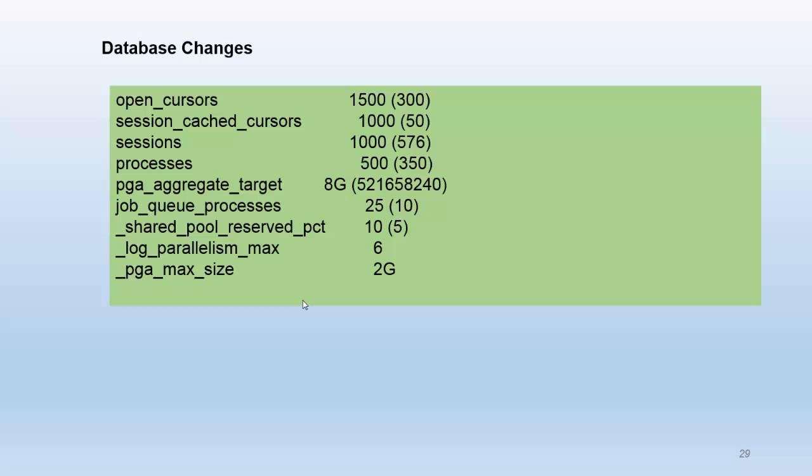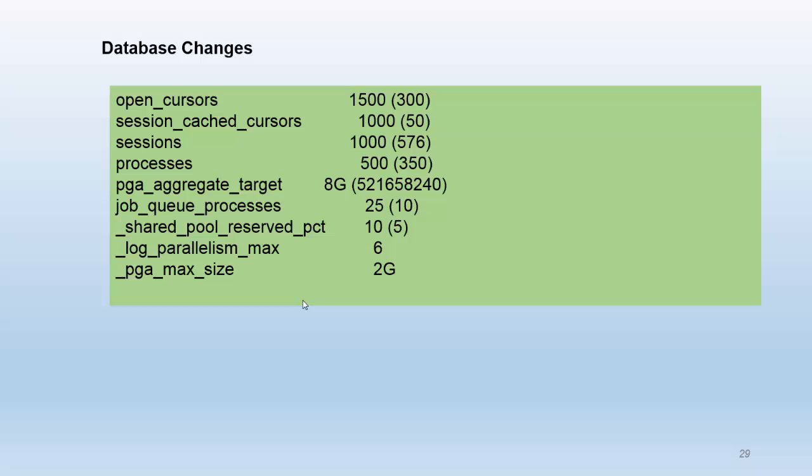However, if it is more than 2 gig, then it should be defined dynamically, right? But as per all my 10G and 11G experiences, I did not see that working as documented.